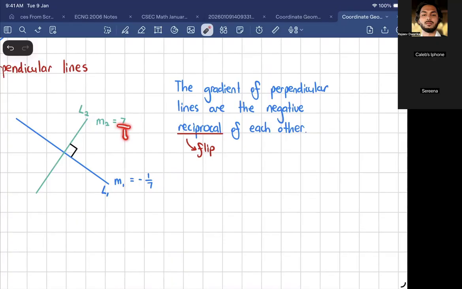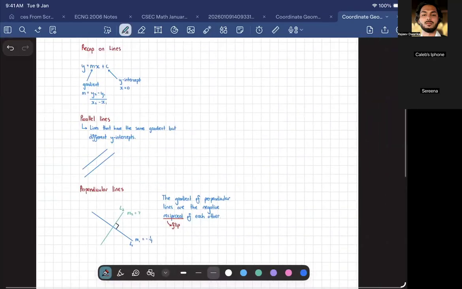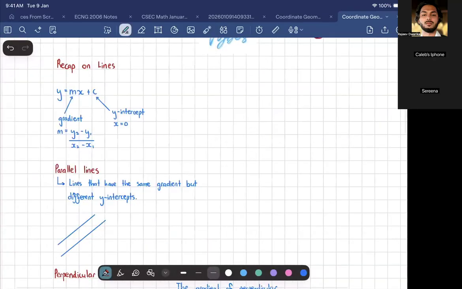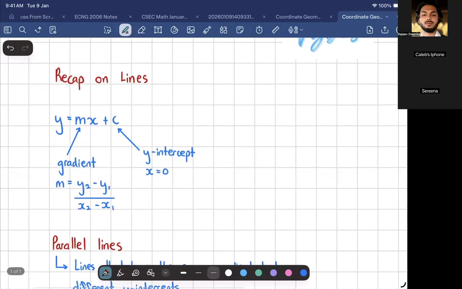Right, and change the sign. Minus 1 over 7. That is all. So if two lines are perpendicular to each other and you have the gradient of one of the lines, then to find the gradient of the other line, you flip it and change the sign. Understand? Great.